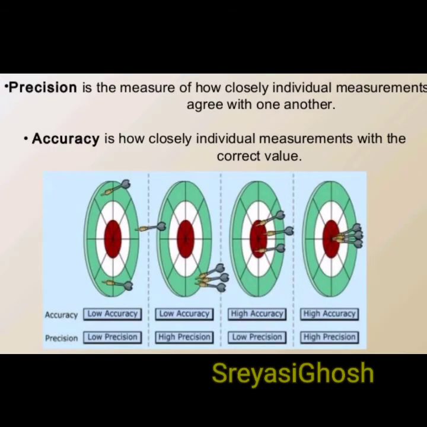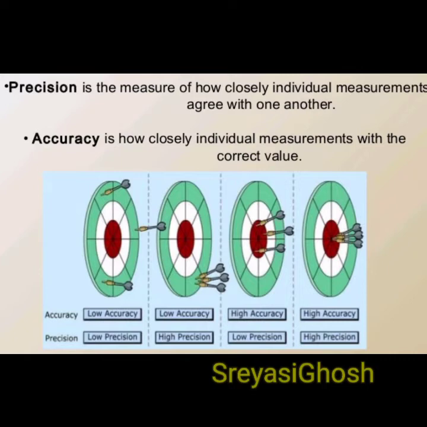Now we come across a few terms, which are precision and accuracy. Again, if we go by the definition, precision is the measure of how closely individual measurements agree with each other, right? And accuracy is how closely individual measurements agree with the correct value, right?